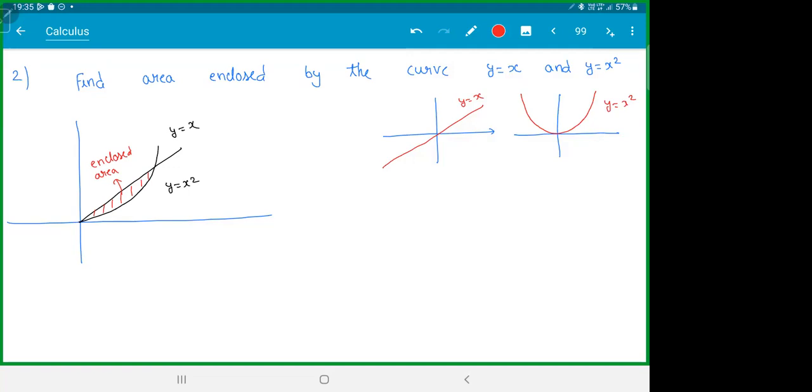Try. I'll give you two to three minutes. This is just for a show. In physics, we will rarely encounter these things. In maths, you will get this a lot. Okay, someone got 1/6. Let's see. Others try.